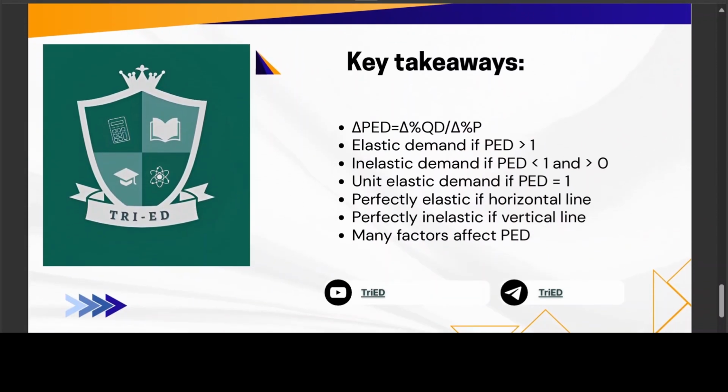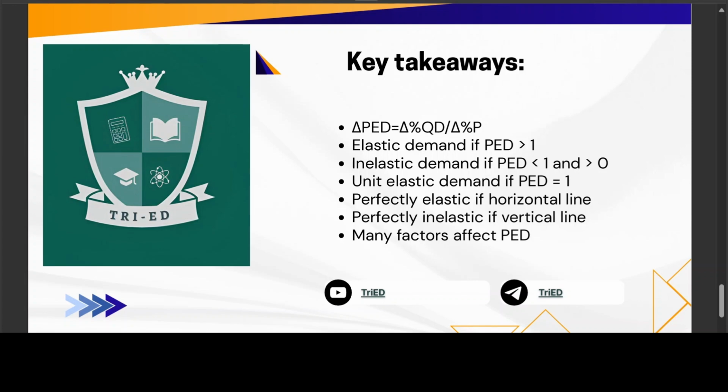And the key takeaways from today's lesson are the following. PED is equal to the percentage change in quantity demanded divided by the percentage change in price. Elastic demand will always have PED higher than 1. Inelastic demand will always have PED between 0 and 1.